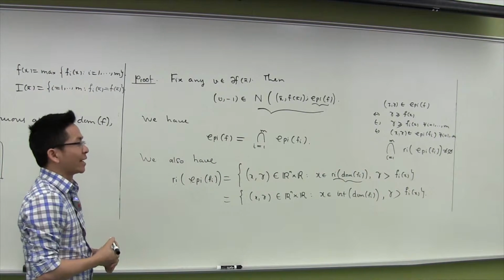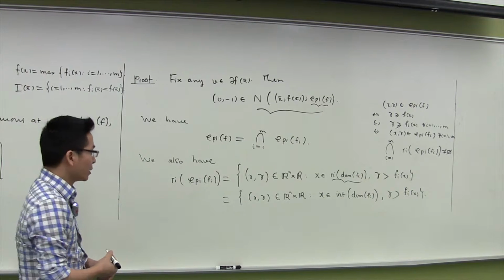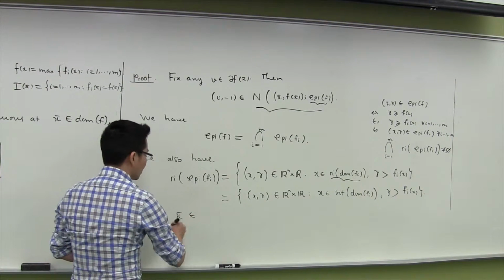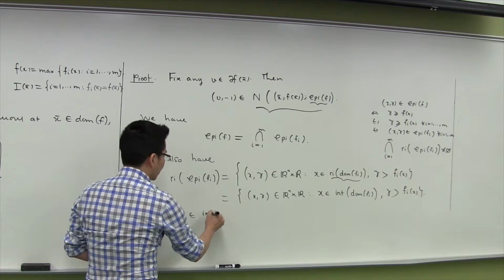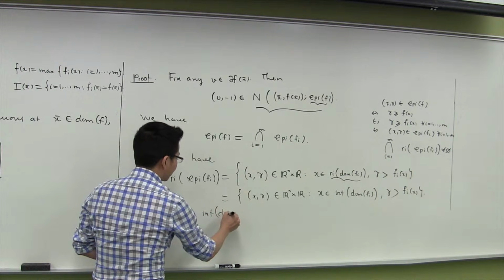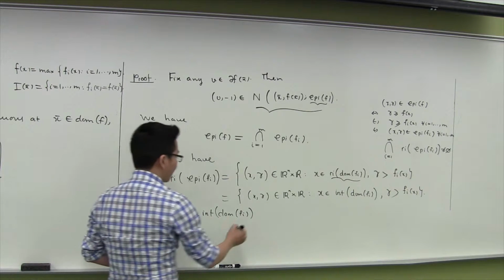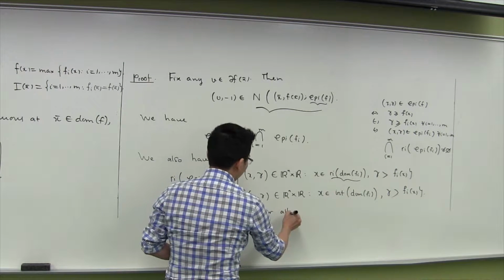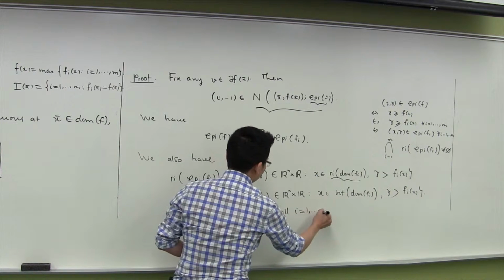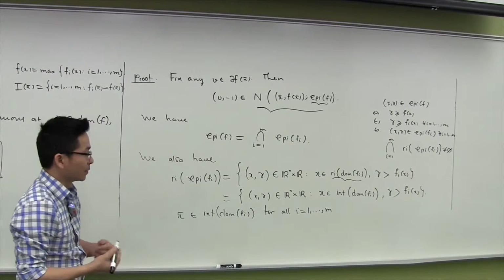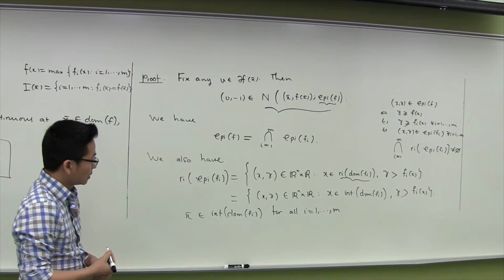Because each fi is continuous at x bar, we see that x bar belongs to the interior of the domain of fi for all i from 1 to m. This again follows from the previous lemma.